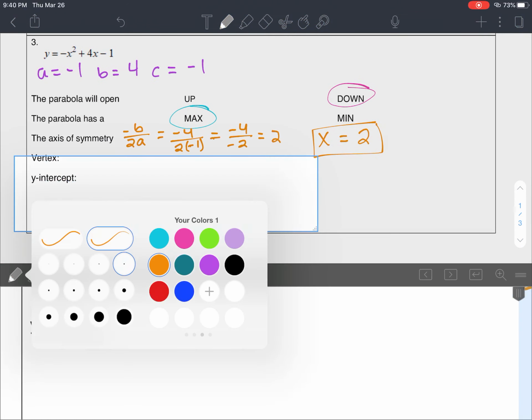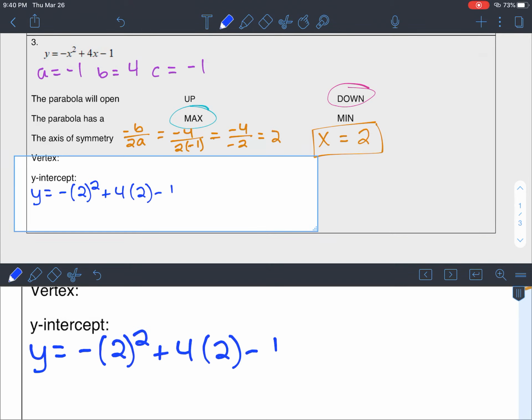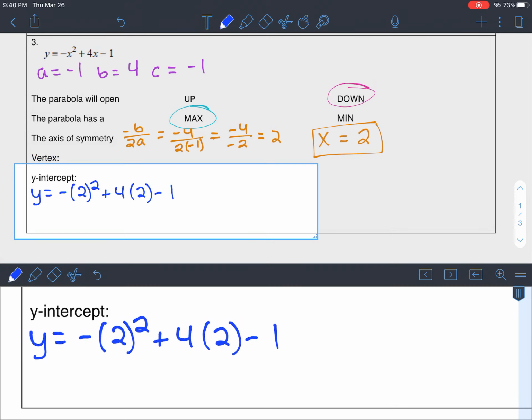Vertex comes from plugging in values. Let's use blue. So y equals negative, oops, didn't mean to put an x there. Negative times 2 squared plus 4 times 2 minus 1. So 2 squared is 4, multiply by a negative 1, and you get negative 4.